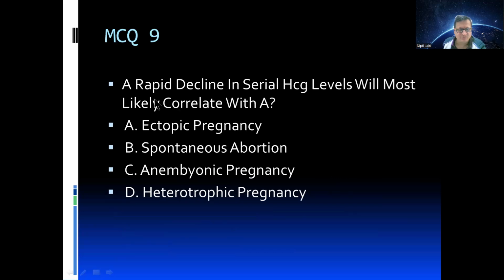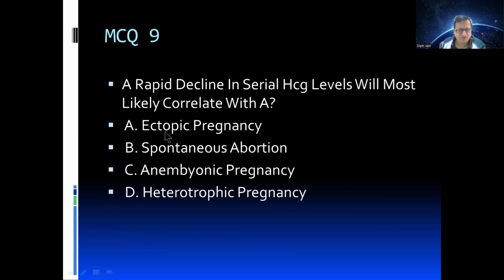Next question: a rapid decline in the serial HCG level will most likely correlate with which condition? If there is a rapid decline, then the chances are spontaneous abortion. In ectopic pregnancy, there is a subnormal elevation.